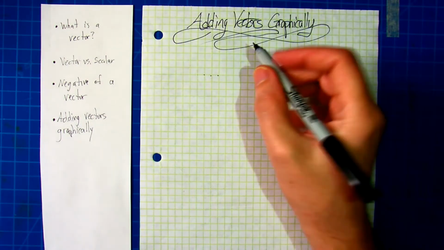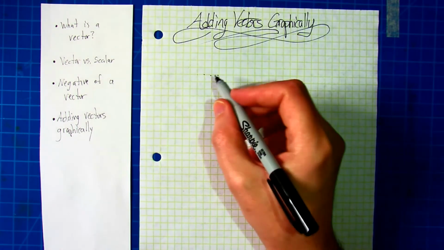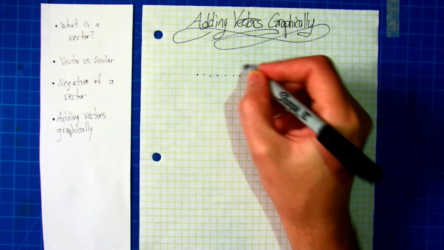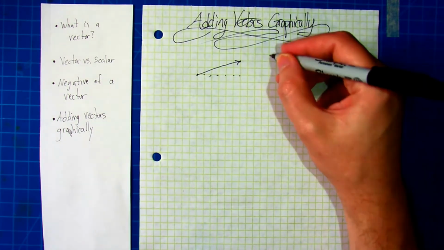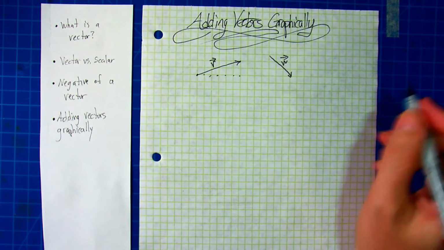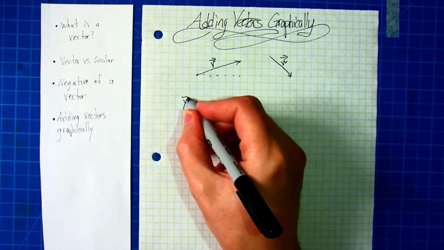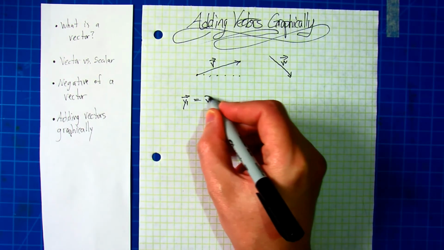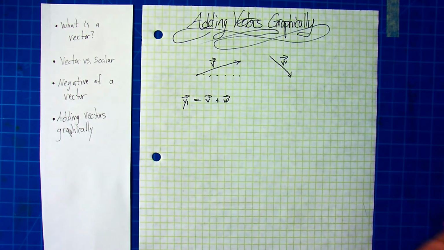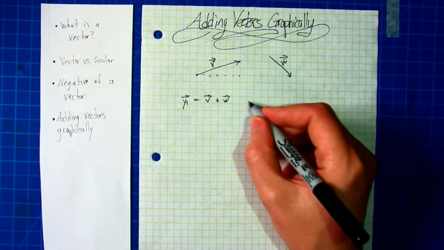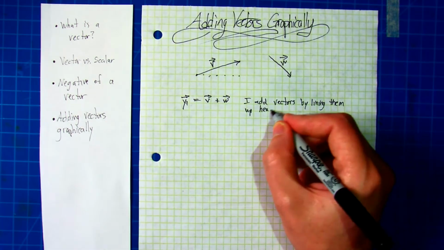There are a couple ways to add vectors, and one of the easiest is graphically. So if I draw vector v again, I start it here, and then I also draw a vector w, and perhaps I would like to add these two vectors. So I want to define vector y1 to be v plus w, like so. The way to do this is I add vectors by lining them up head to tail.